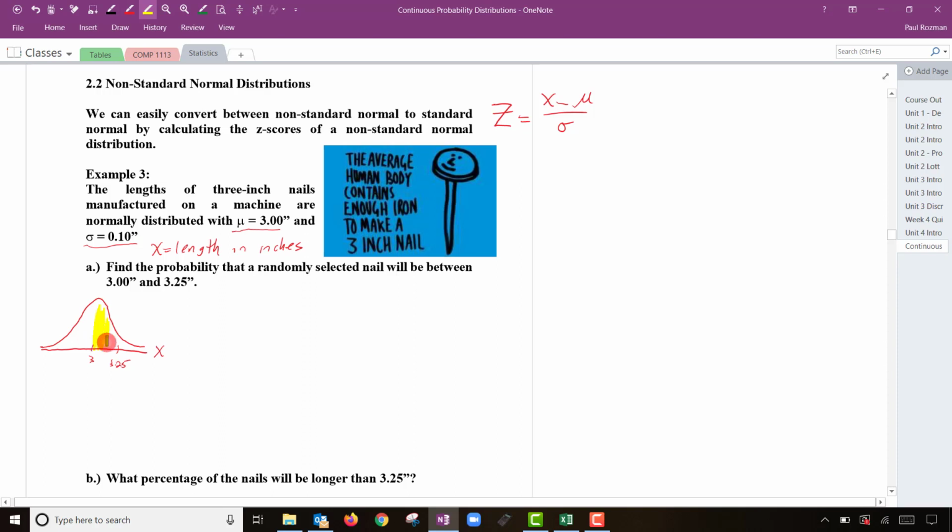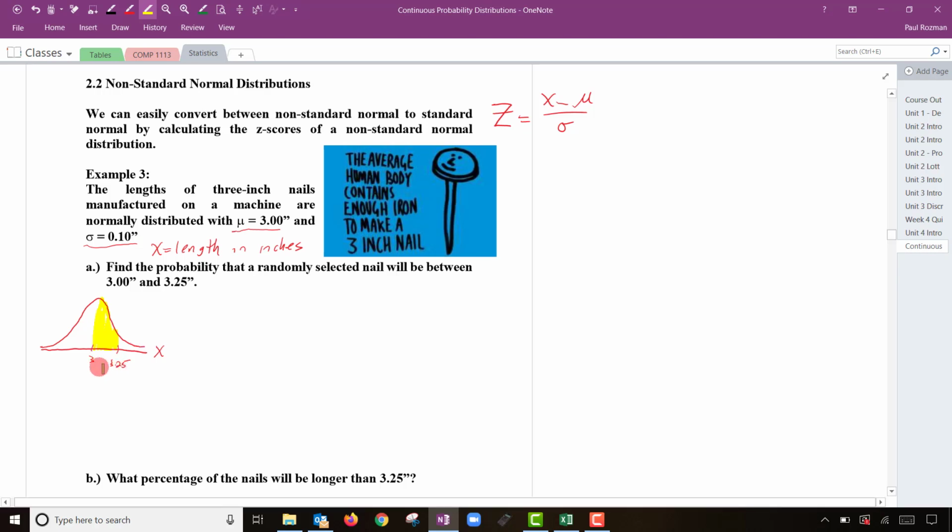I want this area. I'm just trying to get a rough sketch of this thing. I'm not exactly sure how far away I need to write it from 3. In fact, I probably should have drawn it a little bit further to the right because the standard deviation is pretty small. 3.25 is a couple of standard deviations away. So I'm already getting into the tail. But I just want to have a rough idea of what direction things are in.